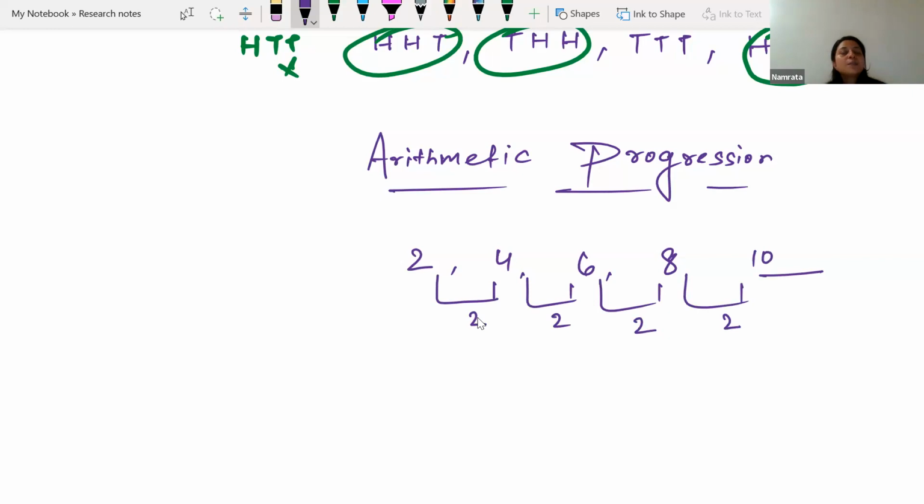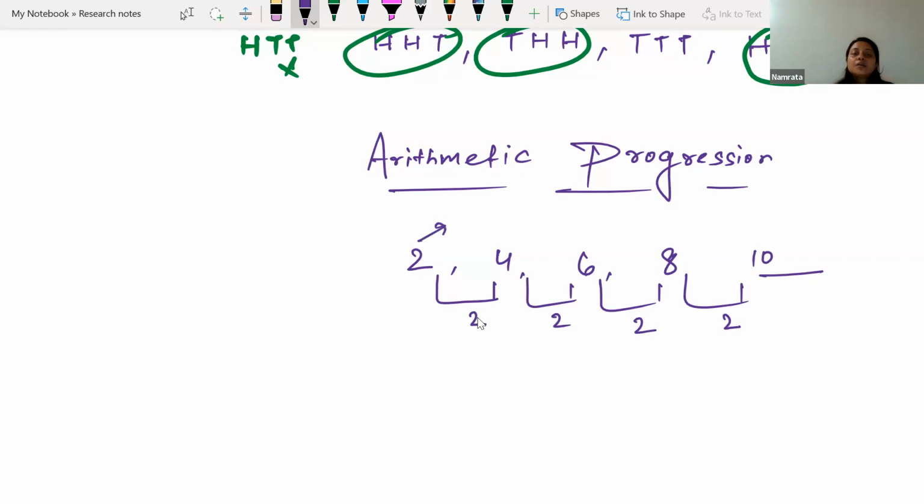This is a very simple example, but there used to be bigger numbers where we checked the differences, and most of the time the difference between consecutive numbers was the same. That is the most common pattern. So in class 10 you got to know that this is called arithmetic progression. Here the sequence progresses in a well-structured manner, that is, there is a common difference between two consecutive terms.